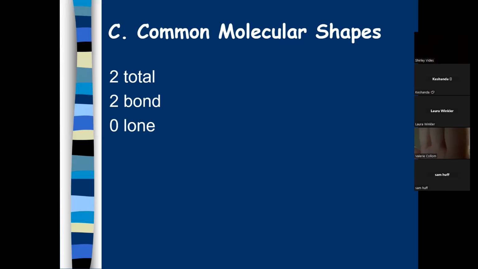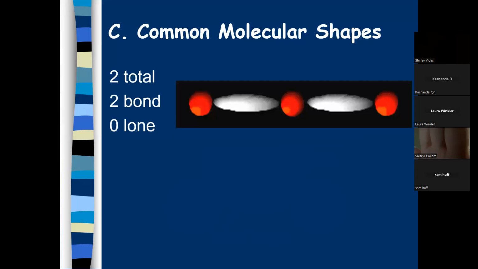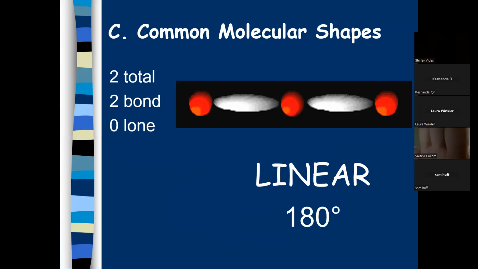From there, others arise. Okay, so if you have a 2 total, in other words, you have 2 things around the central atom and they're all bonds, then you have what is known as a linear shape. And linear shapes are 180 degrees apart.